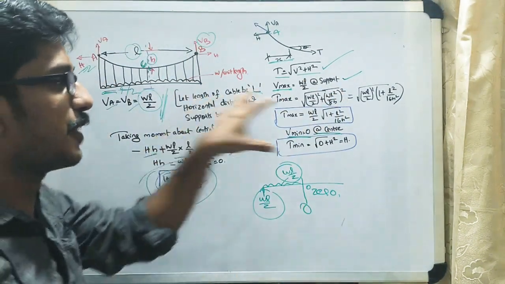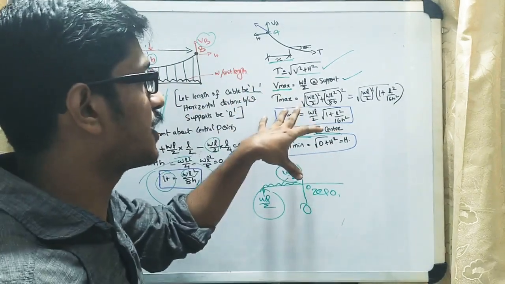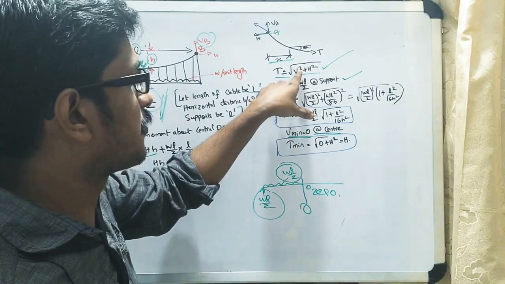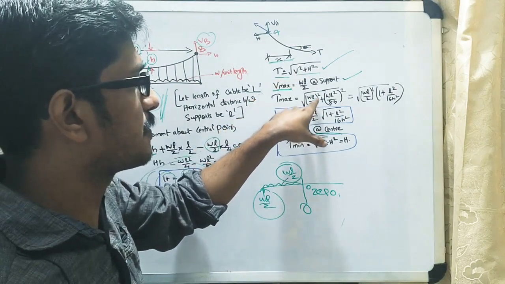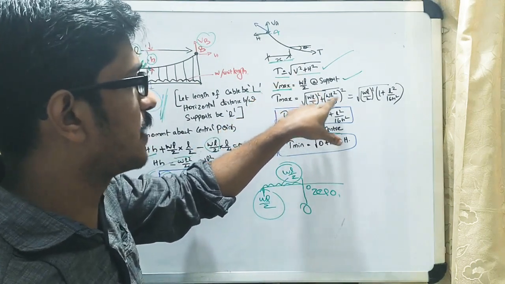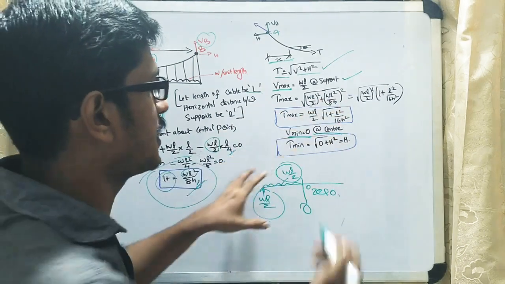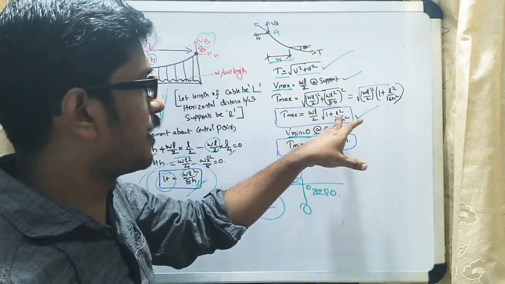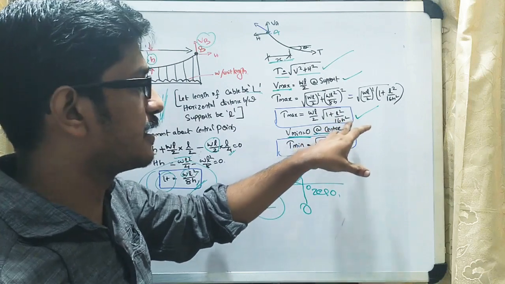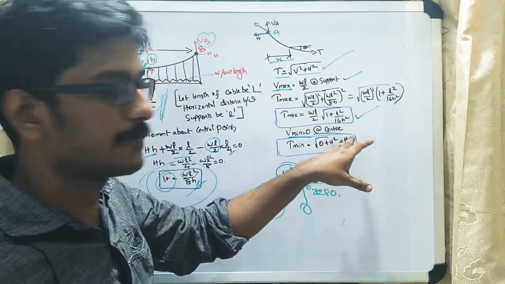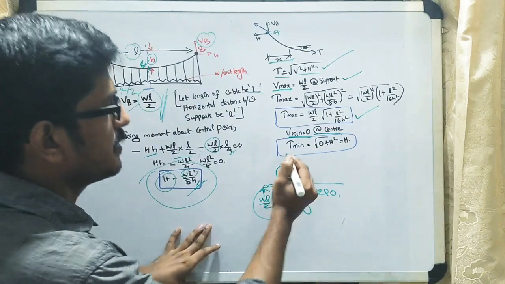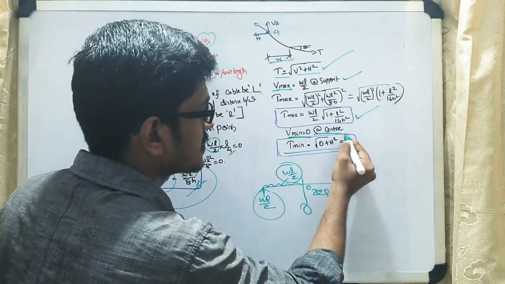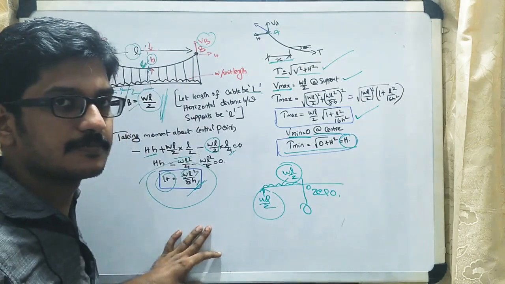Then our intention is to find the maximum tension value. You can directly apply T max equals the square root of WL by 2 whole square plus WL square by 8h whole square, and finally you will get WL by 2 into the square root of 1 plus L square by 16h square. The minimum tension at the center will be only the horizontal thrust.